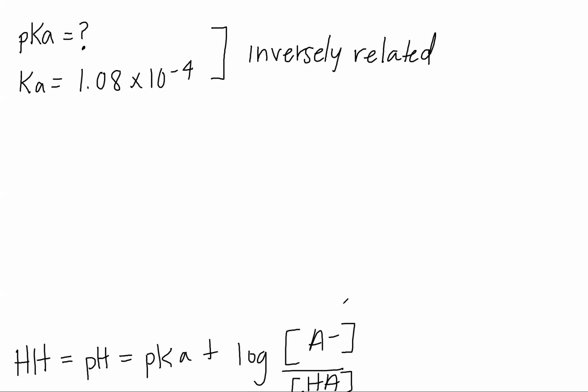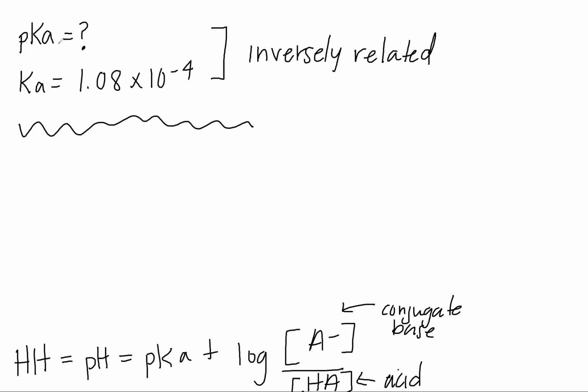So this is the conjugate base, and this is the acid. We know that pKs deal with logs. So in order to find the pKa, if we're given the Ka, all we have to do is take the negative log of the Ka, and that will give us the pKa.